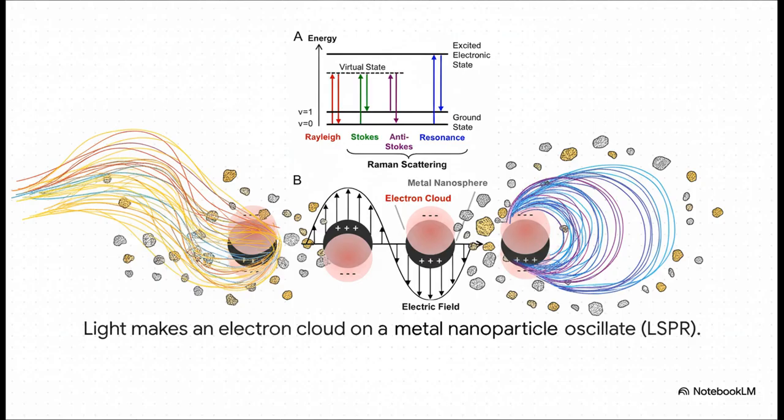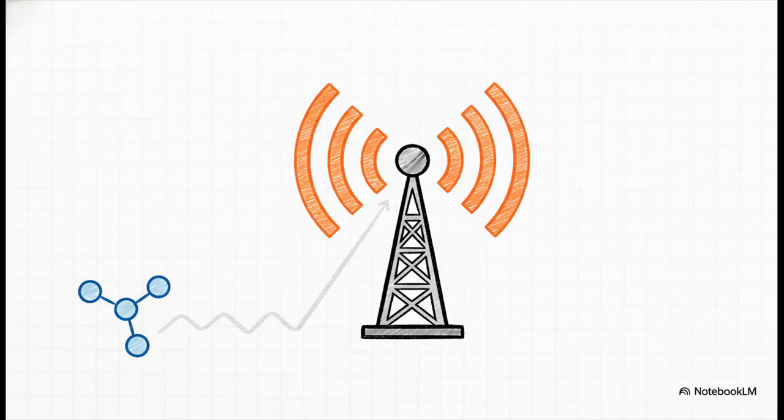When light hits one of these particles, as you can see in the diagram, it makes the whole cloud of electrons around it start to vibrate like crazy. This collective wiggle is a phenomenon called a localized surface plasmon resonance. So what that vibrating electron cloud does is it basically turns the nanoparticle into a tiny nanoscale antenna. And just like a radio antenna can boost a weak signal, this little guy massively amplifies the super faint Raman signal from any molecule that happens to be sitting right next to it.